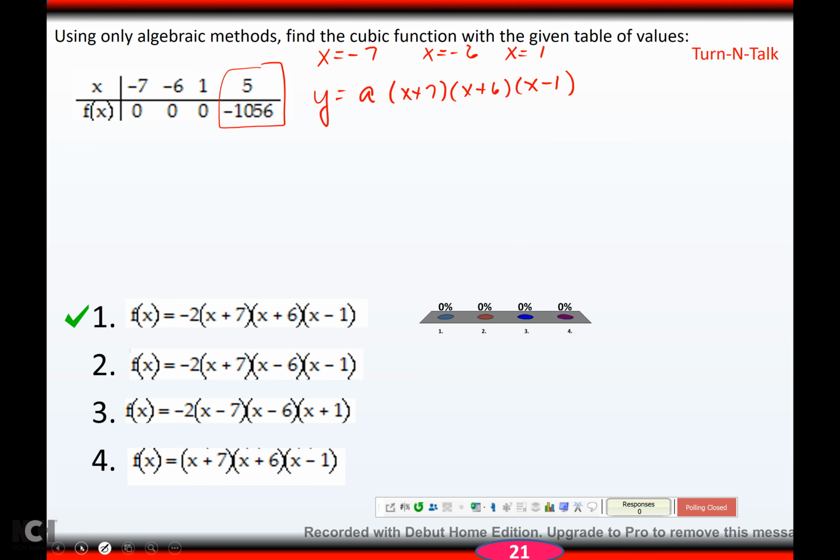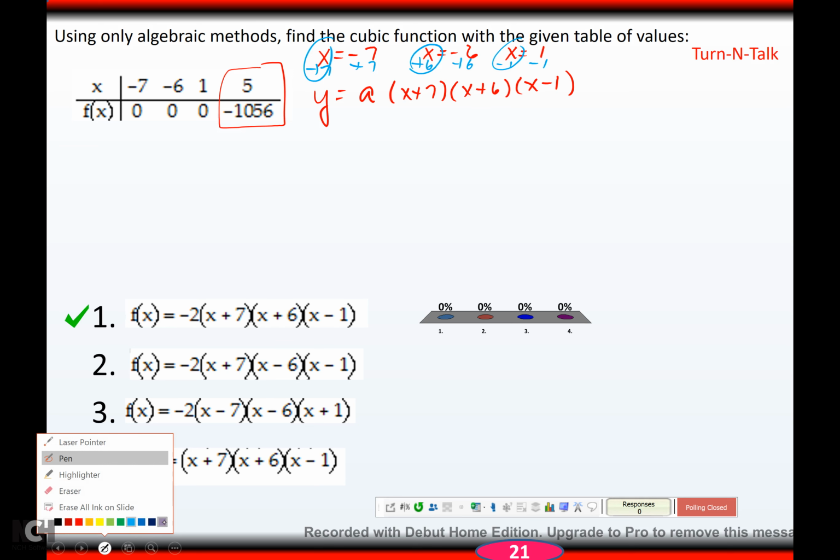And again, if I'm losing you, add 7, there's my x plus 7, add 6, there's my x plus 6, minus 1, there's my x minus 1. Now we're going to use this ordered pair over here, plug this in for x and this in for y to figure out what my leading coefficient is.